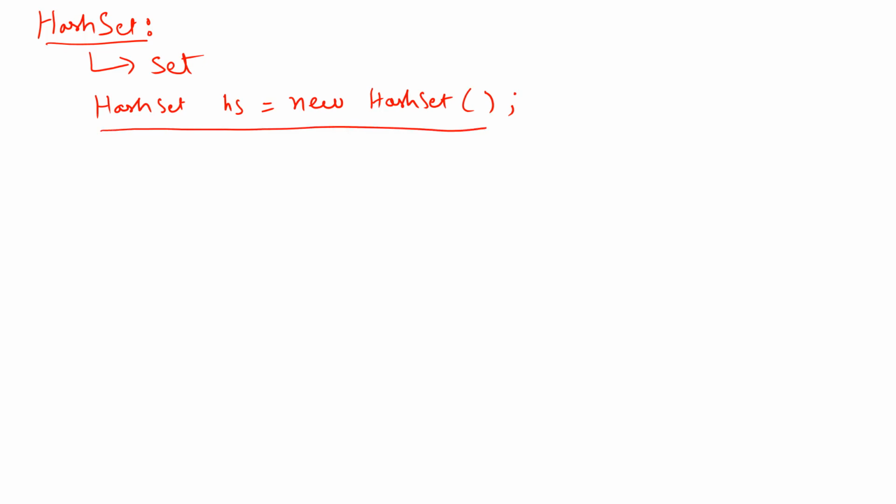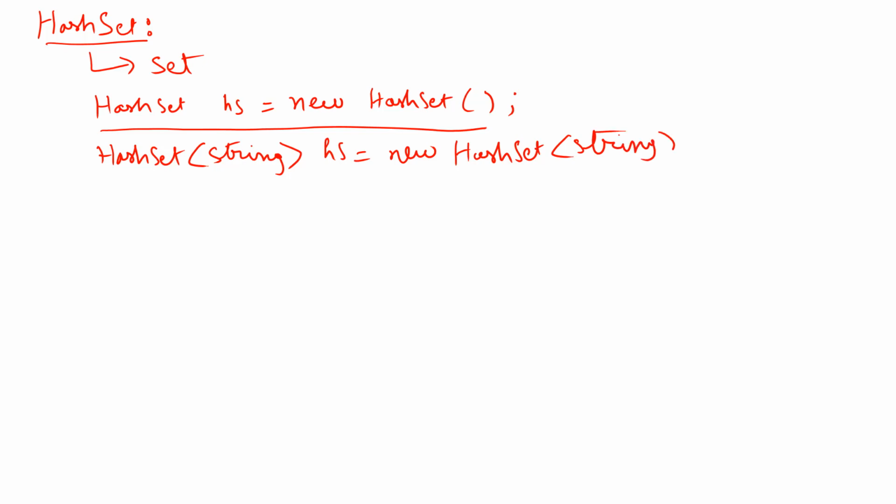If we want to limit this to accept only a particular kind of objects like string objects or integer objects, then in angle brackets we have to mention it as HashSet<String> HS equals new HashSet<String>. So this is how we have to define this one.